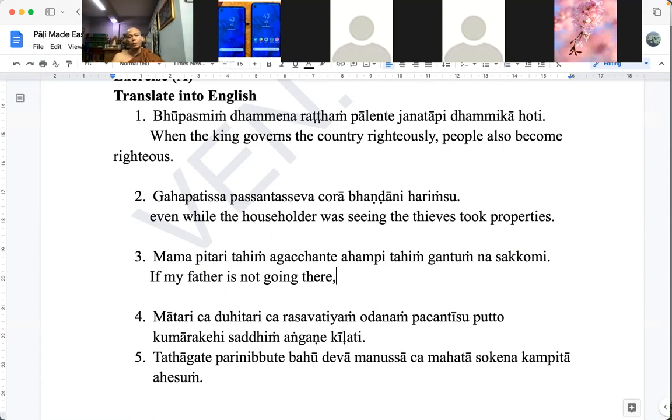If my father is not going there, ahambi. The literal meaning of ahambi is "so also", but here it means "too also".